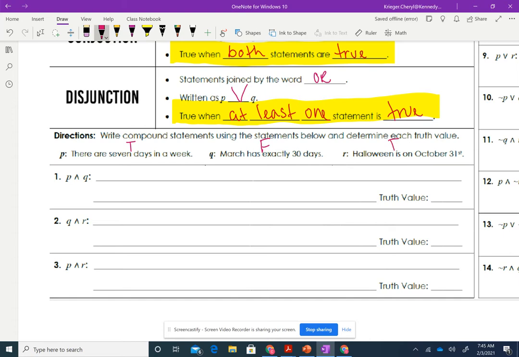Let's write the compound statement for number 1, P and Q. We know that this symbol means and. So P is there are 7 days in a week, and Q is March has exactly 30 days.